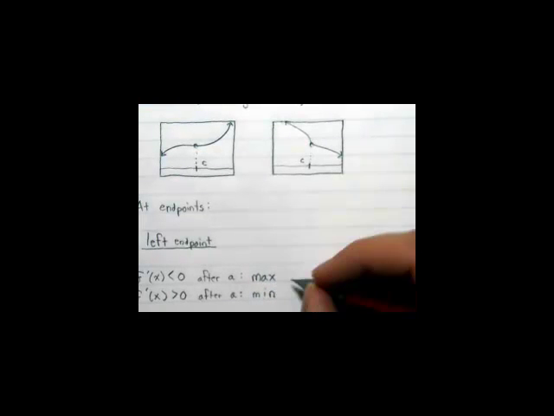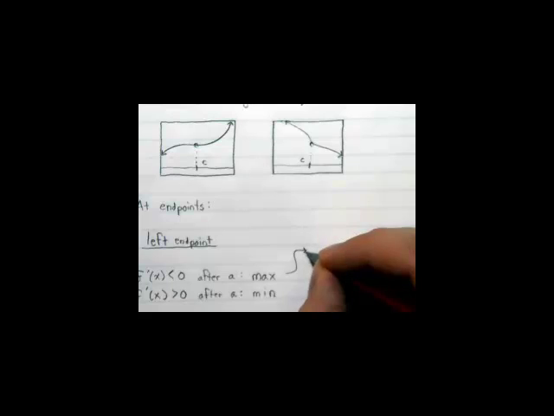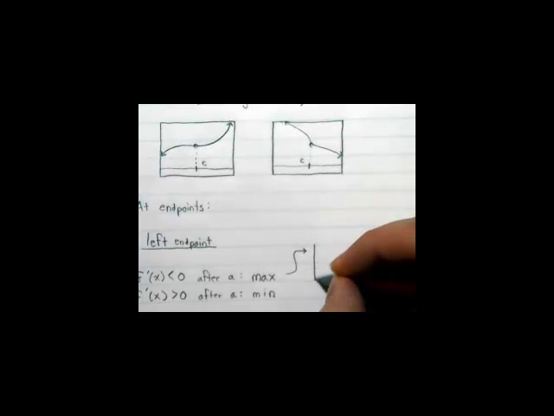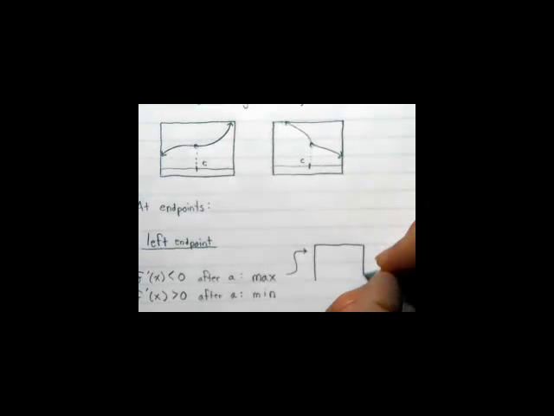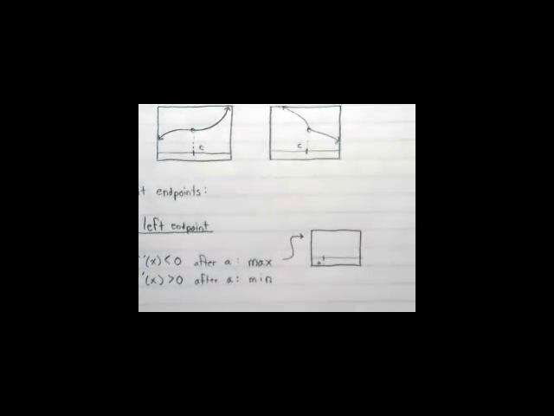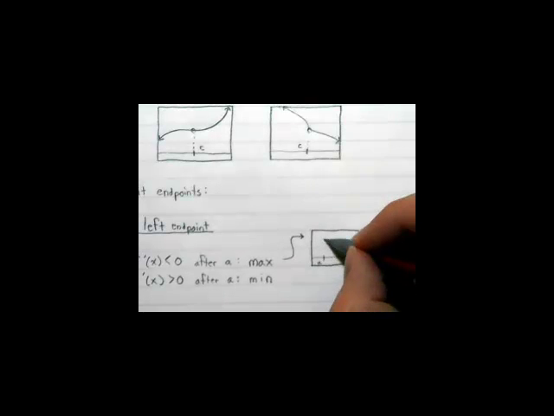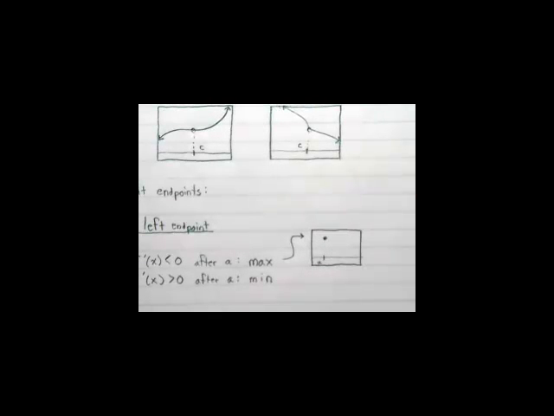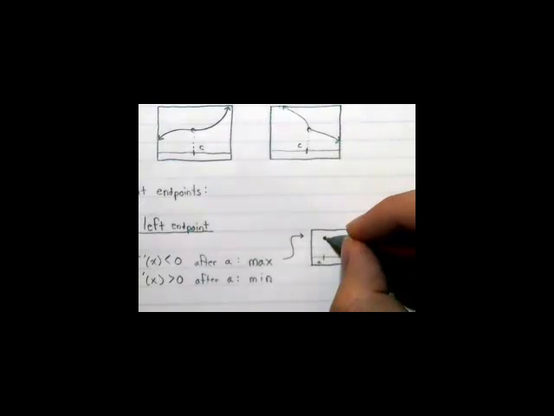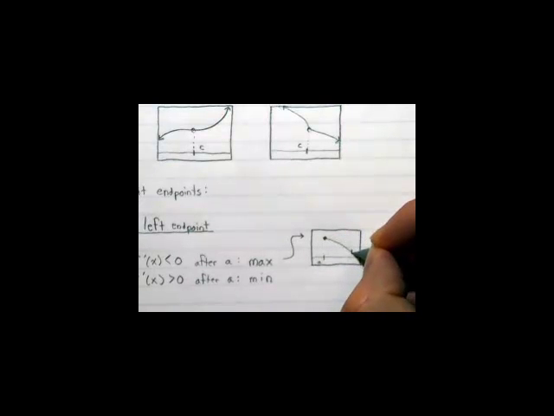Okay, so I'll kind of show you what I'm talking about here. So we're talking about a left endpoint here, right? So the edge of an interval, we're starting at like a. And so if the derivative is negative after the endpoint, it means it starts to decrease after that endpoint, right? So it would be doing something like this. Okay?